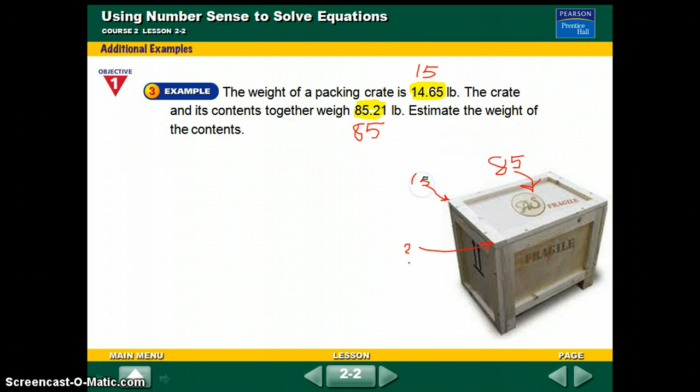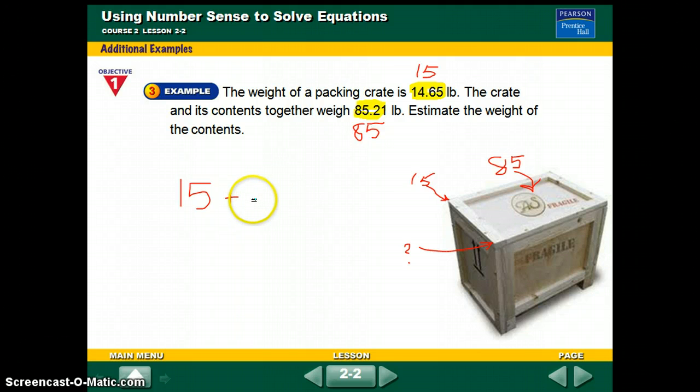Remember, we're estimating. That's okay. How could you find out how much the stuff inside is? Well, think of it this way. If the crate weighs maybe 5 pounds, and whatever's inside is, say, 10 pounds, you'd add them together, right? So we know it's a 15-pound crate plus however much is on the inside.